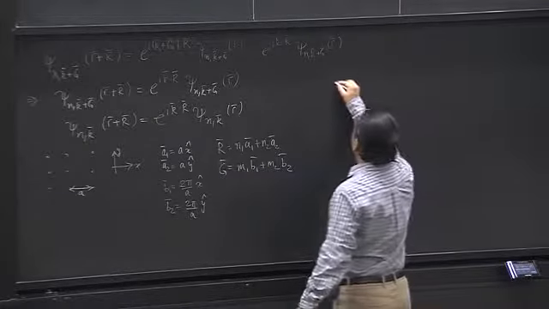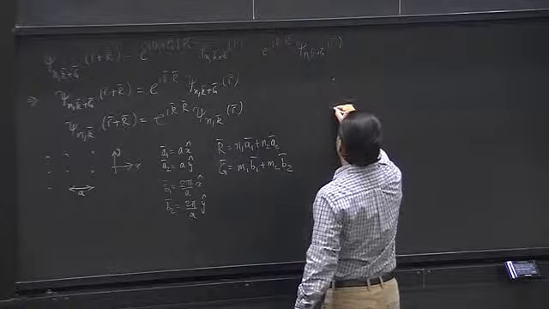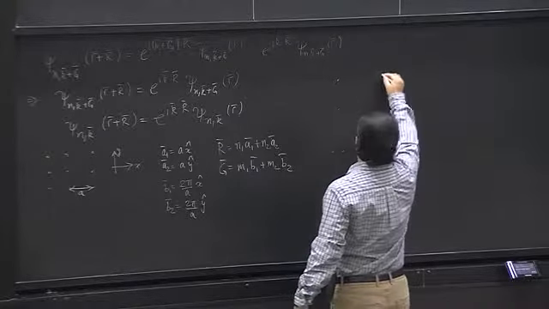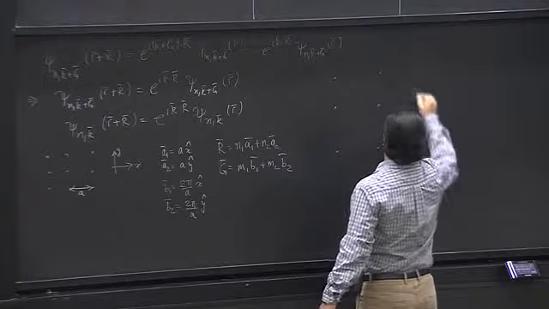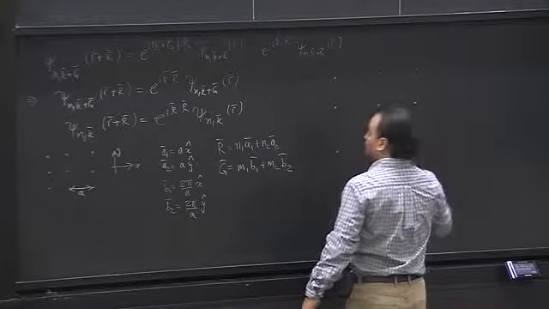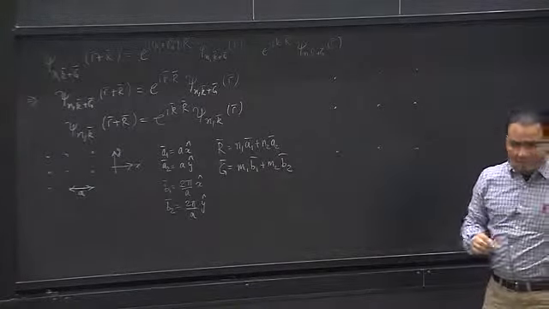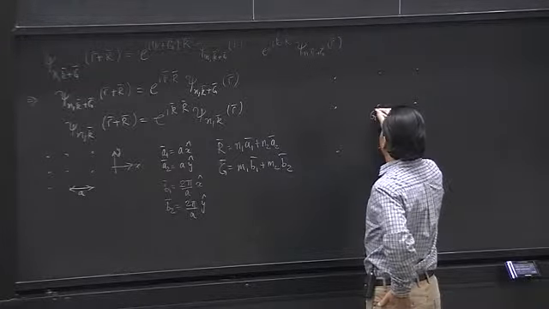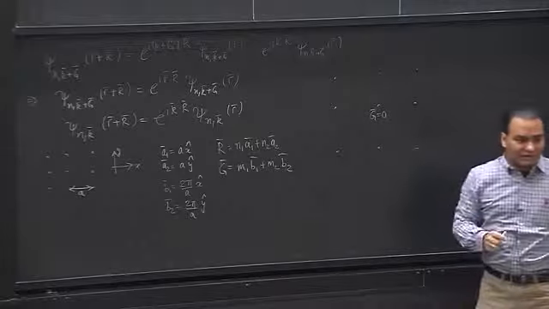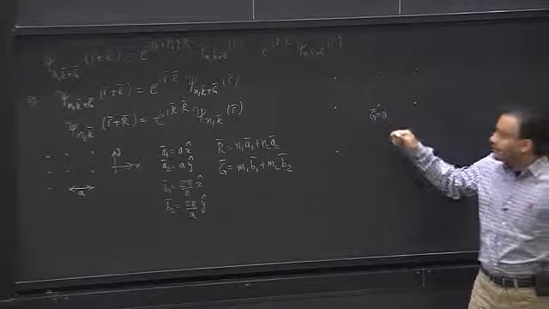So this is the reciprocal space. This is G equal to 0, the reciprocal lattice vector G equal to 0. So this is the origin.